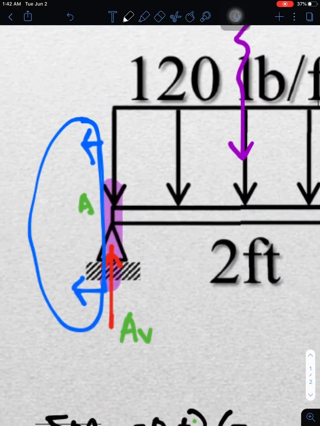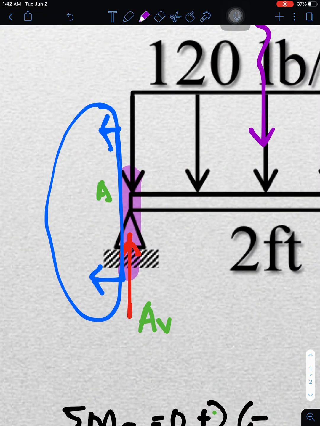So we are talking about point A, and again, this is the left portion of A.